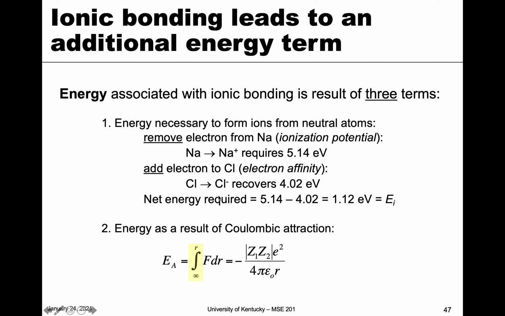For chlorine, we have to add an electron to get the ion formation, and that liberates energy. The combination of those is required in the overall energy scheme, and so that is an additional term that we have to account for.